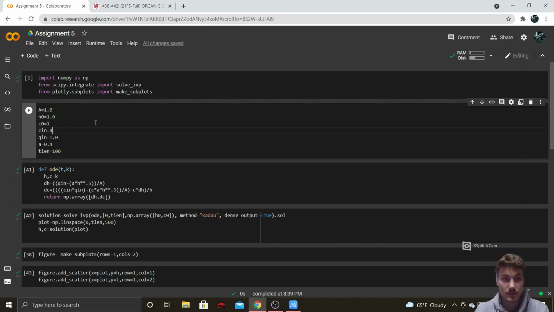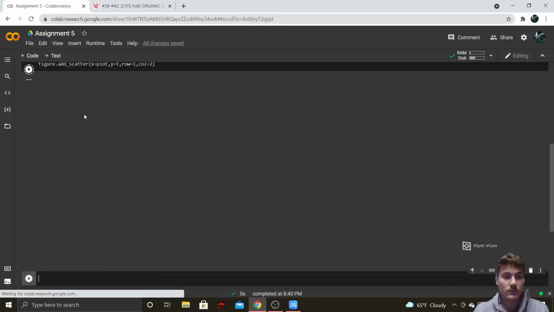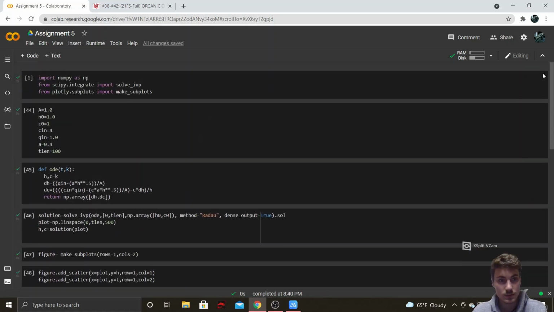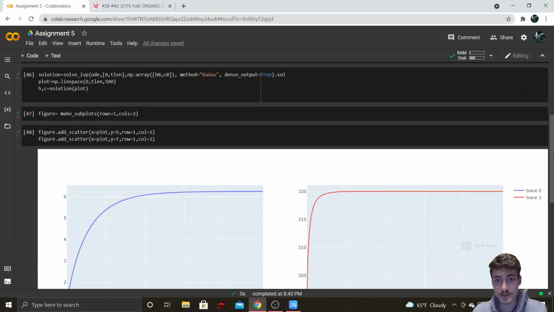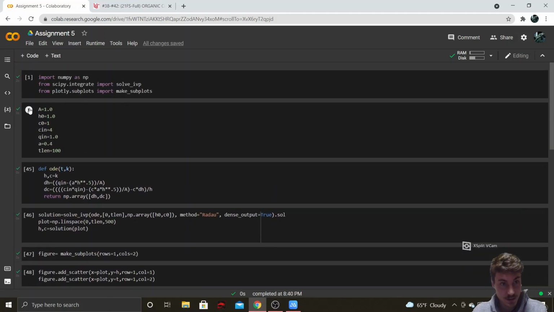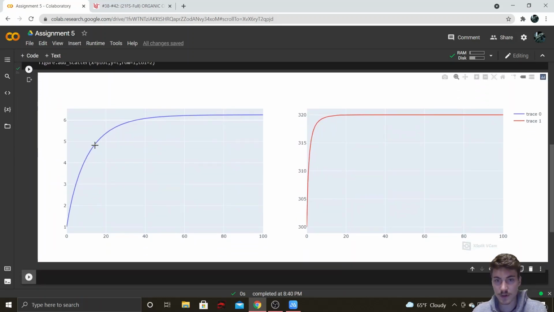So now, if we do that, we can say it's still on a 320 scale, which is very odd. Well, nevertheless, I find that very odd.